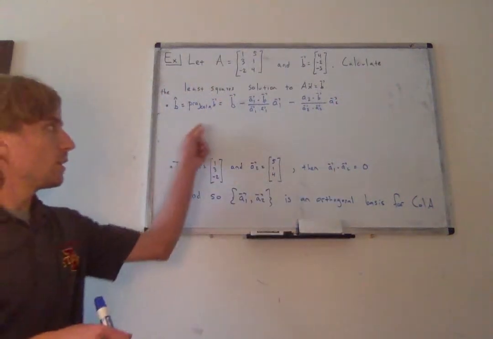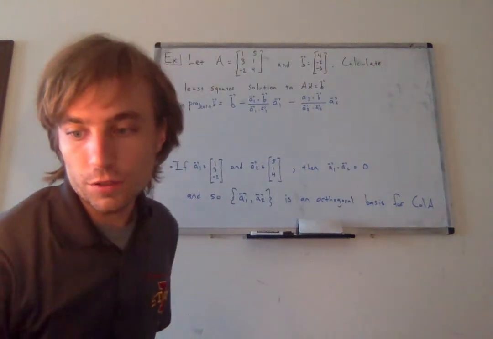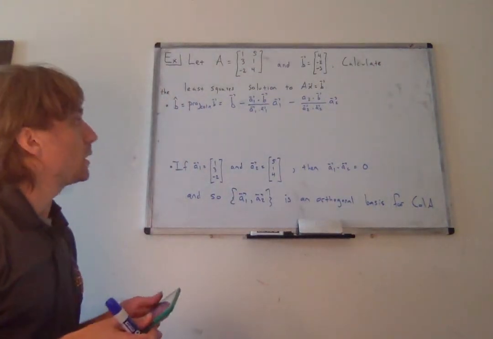Notice this just falls in line with the definition of the orthogonal projection of b onto the column space of A.